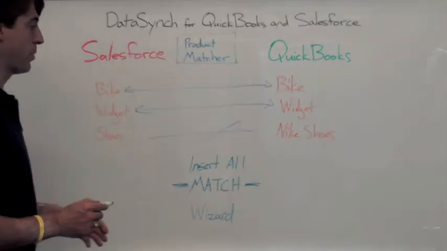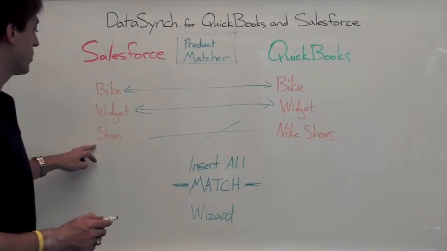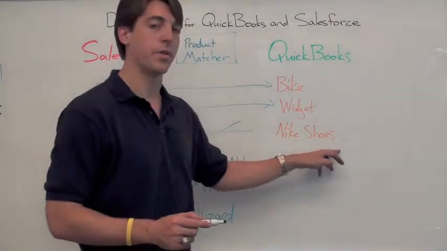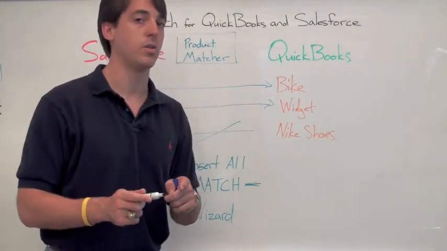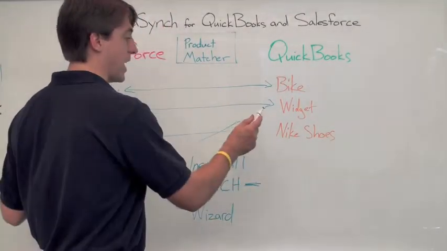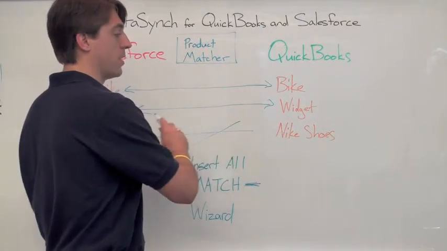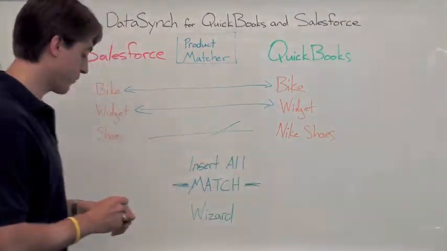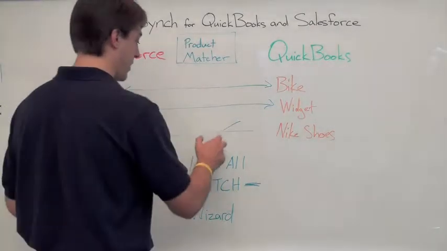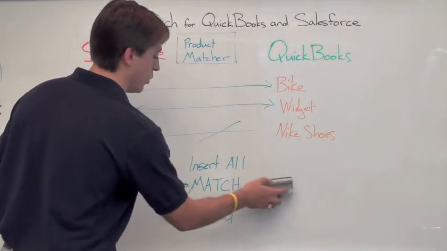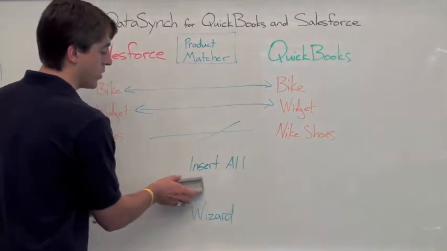Those are not the same thing, because shoes and Nike shoes are not the same thing. They may be the same thing to you, but to DataSynch, running on exact matching, that's not the same thing. So, in that case, you're going to want to use the wizard.